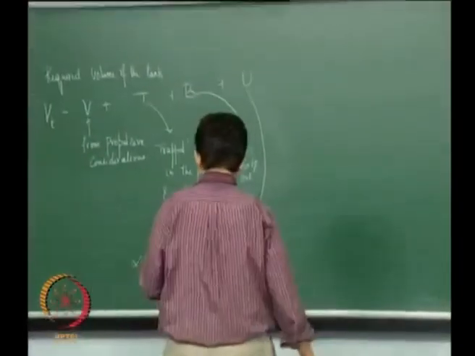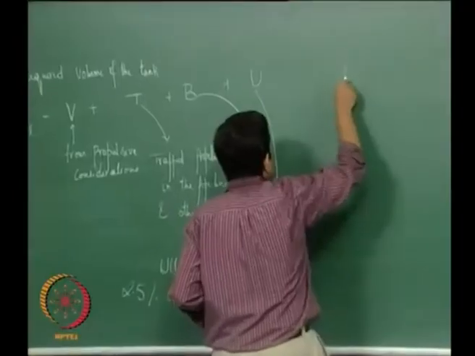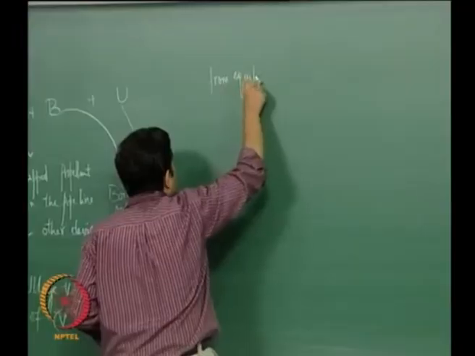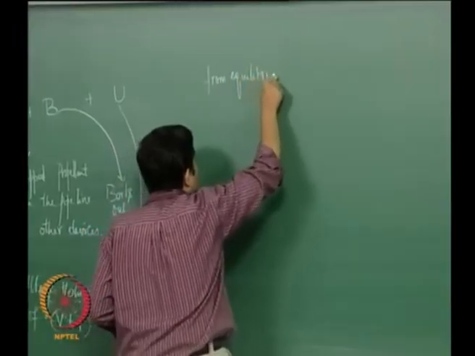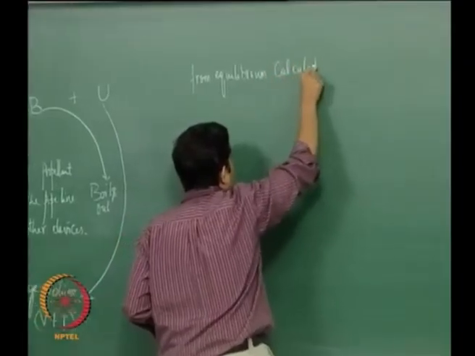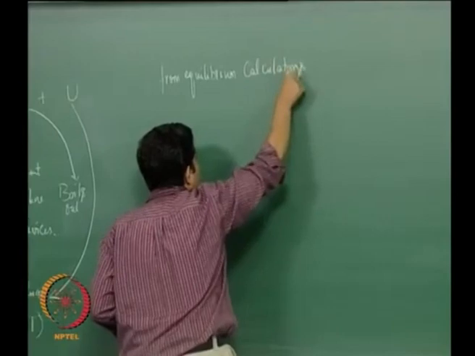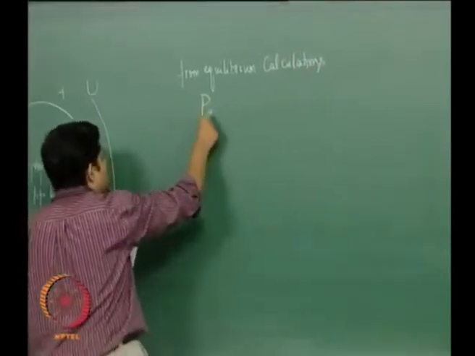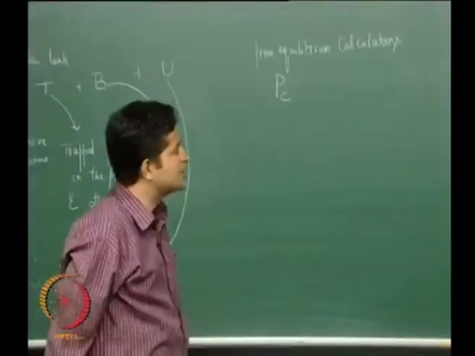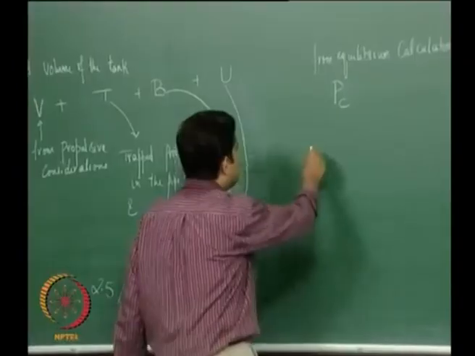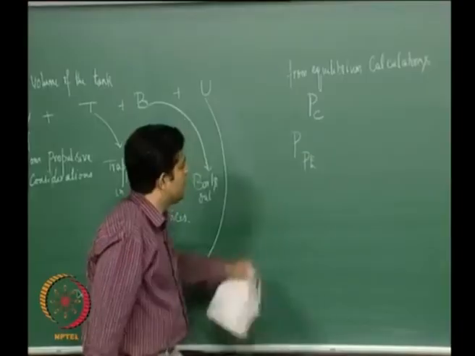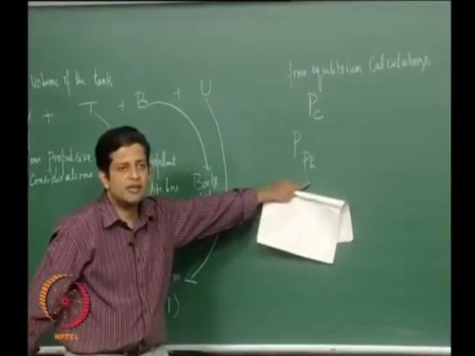Now, from equilibrium calculations, we will know what is the chamber pressure Pc, right. So, if we know the chamber pressure, then how do we go about calculating the pressure at the pump exit? Okay. Pe indicates pump exit.